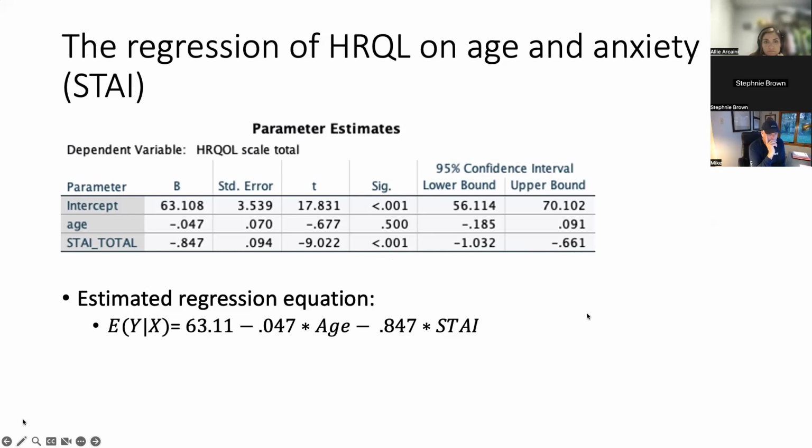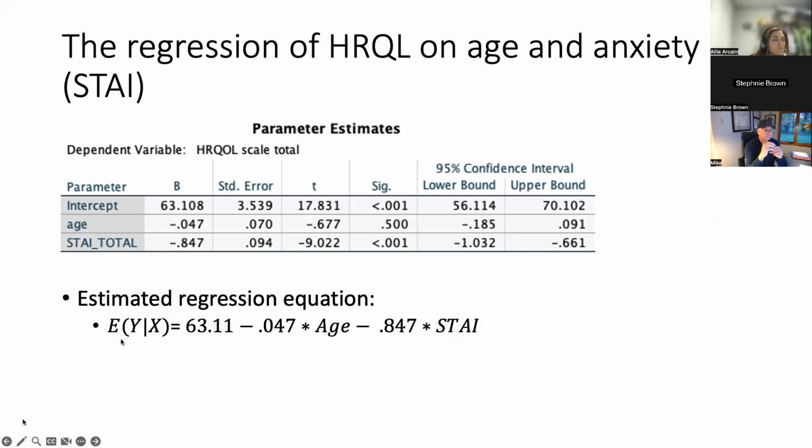And then, just to solidify this, because it is important, and Stephanie asked about it last week. STAI is on some, I forget the full range, but let's say it's on a scale of 1 to 10.